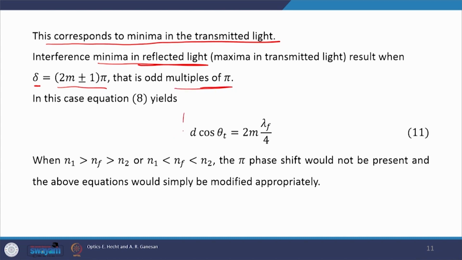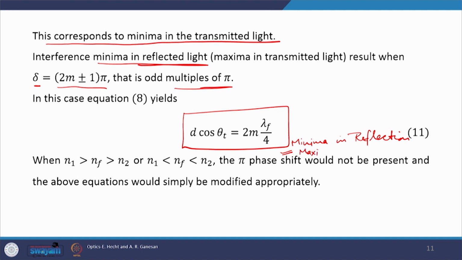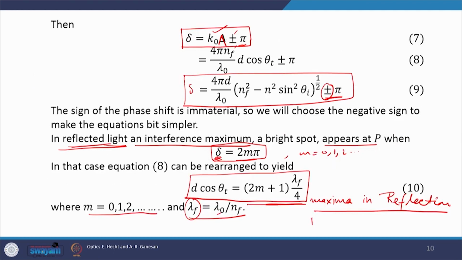And if you simplify equation 8, then you get this condition, and this is minima condition in reflection, and which also corresponds to maxima condition in transmission here, and this means maxima in transmission. And similarly here this corresponds to minima in transmission.